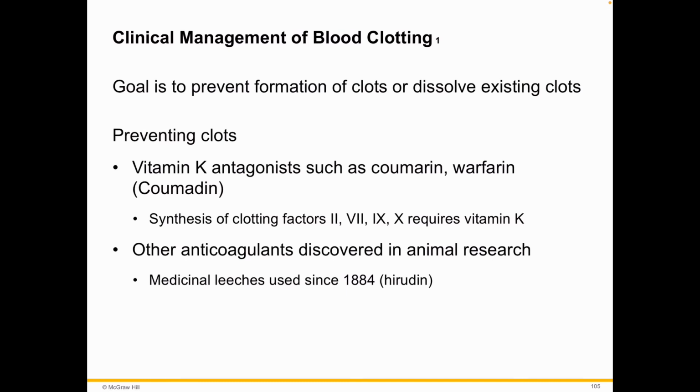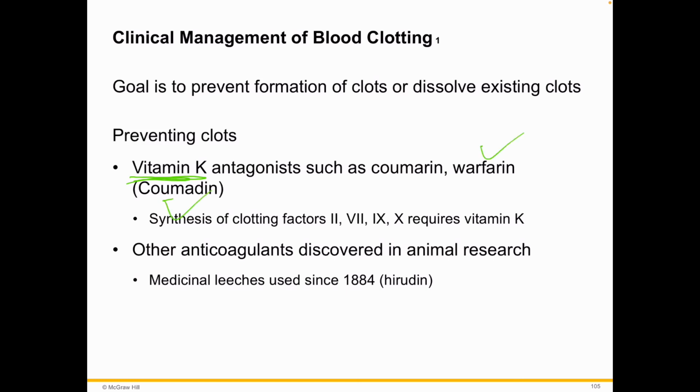Okay, so clinical management of blood loss is lifestyle, diet, exercise, water, all the good stuff, having not inherited factors. Preventing clots: vitamin K has been implicated as helpful, as well as a couple of other drugs, including Coumadin, warfarin.